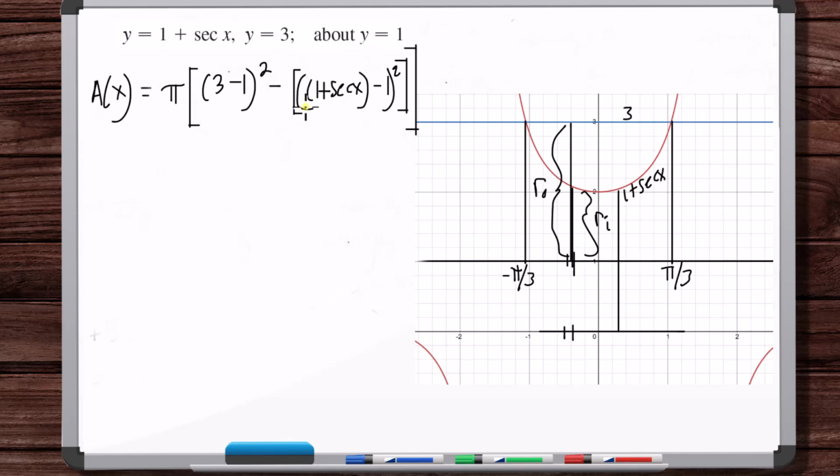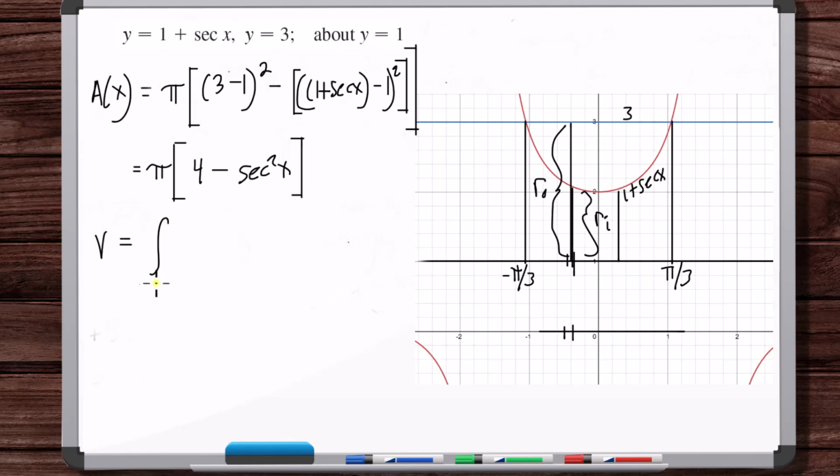You subtract 1 from 1 plus secant x to get this length, and then we square that. R outer squared minus R inner squared: 2 squared is 4, then 1 plus secant x minus 1 is just secant x, so 4 minus secant squared x. There's the A of x.